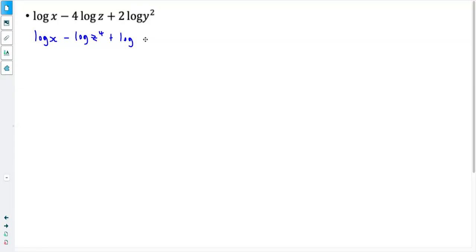So that would be y to 4. Now, anything that's positive we can combine with our addition law, and the negative we'll take care of with our quotient law, so this becomes log of x y to the 4 over z to the power of 4.